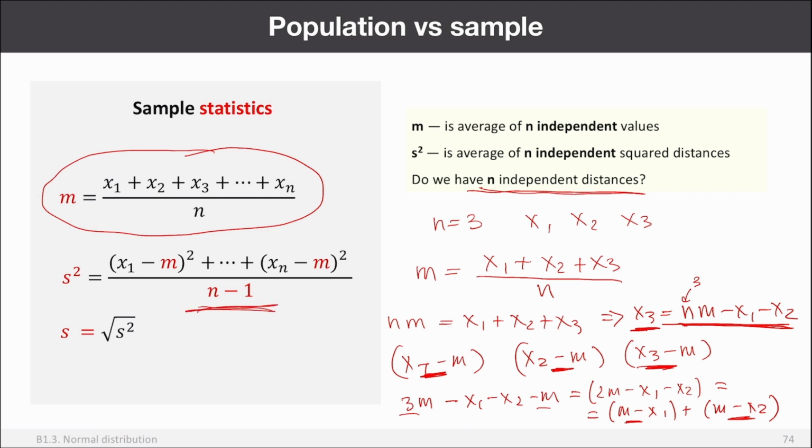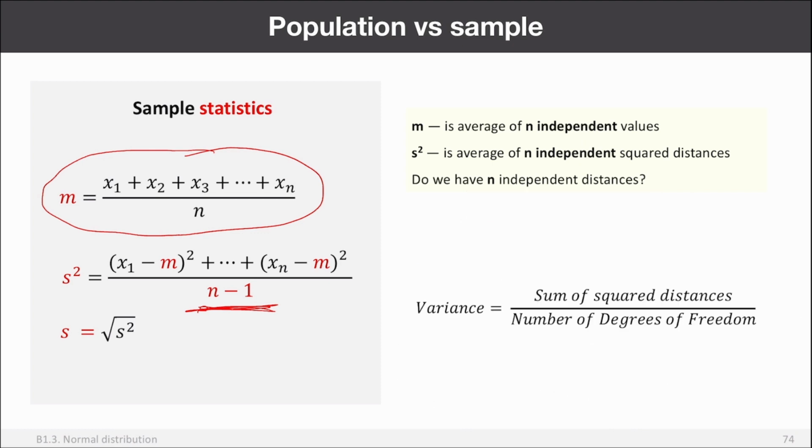Okay. So this is a somewhat simplified explanation, but you can probably look for better explanations on Google for why you have n minus 1. But the idea is the following. You have n minus 1 here because you have n minus 1 independent distances. Now we can actually rewrite our expression as follows. Variance is a sum of squared distances divided by the number of degrees of freedom. So we have a new definition here, degrees of freedom.